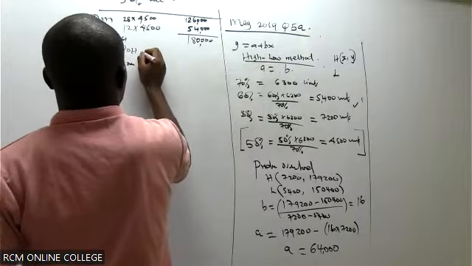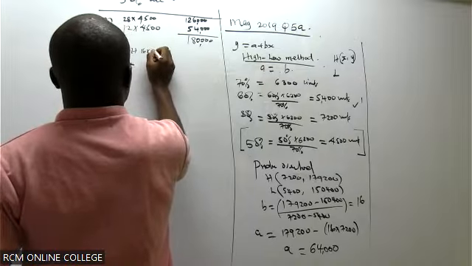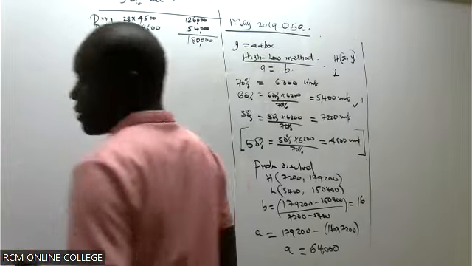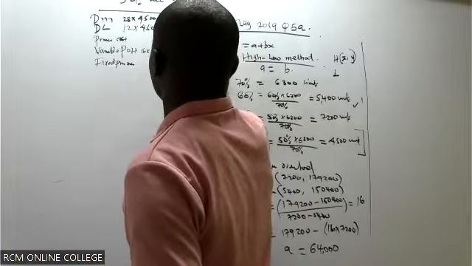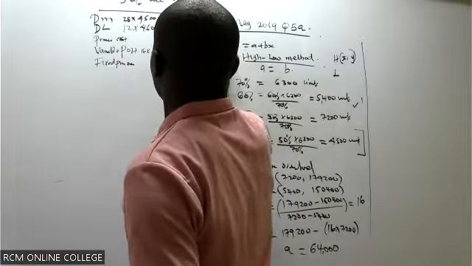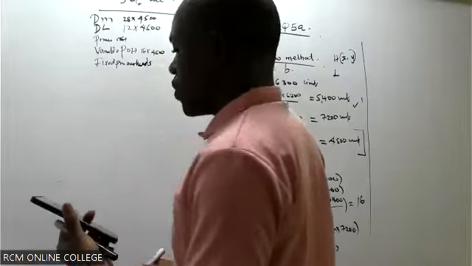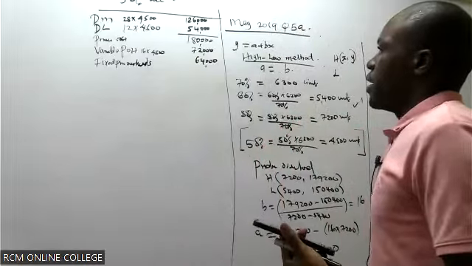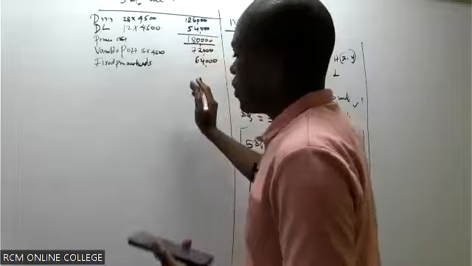The variable production overhead, of course, I'm told it is 16, I multiply by units. 16 by units is how much? 72,000. Then fixed production overheads I'm told is 64,000. And we move on, then to the prime cost here, you are going to add those ones.